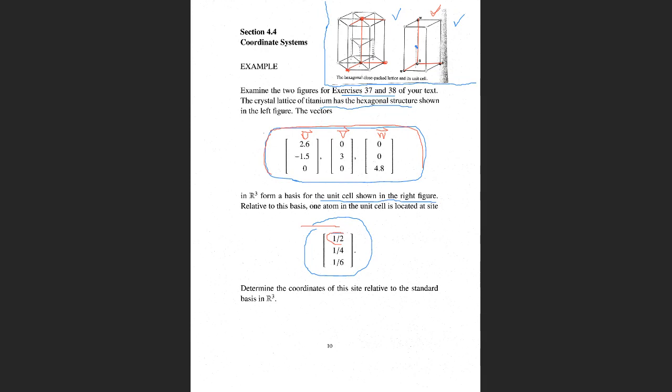They got a little dashed line going up from the base to that blue point there. So when they say relative to this basis, one atom in the unit cell is located at the site one half, a fourth, and a sixth.